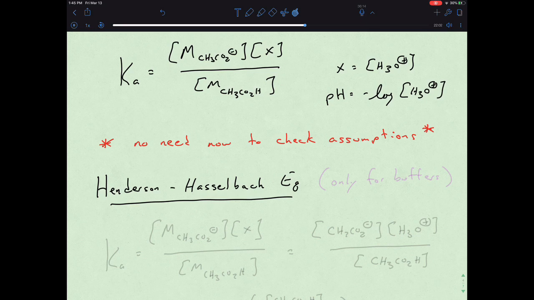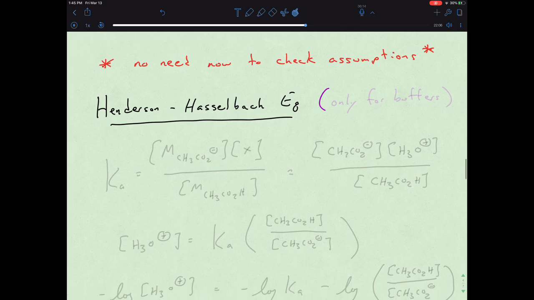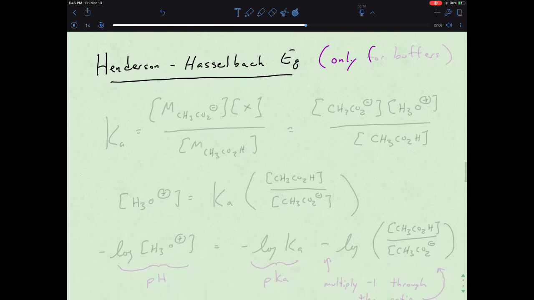All right, so this is something that we got to be very careful with because this works only for buffers. Students really like the Henderson-Hasselbalch. It's very sweet, it's simple, it's sexy, but it is only for one particular class of equilibria in terms of acid and bases, and that's for buffers.